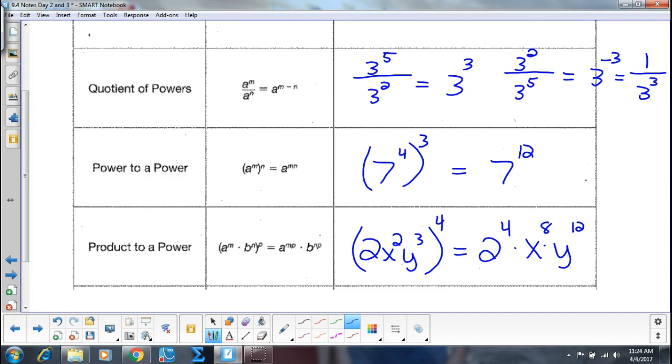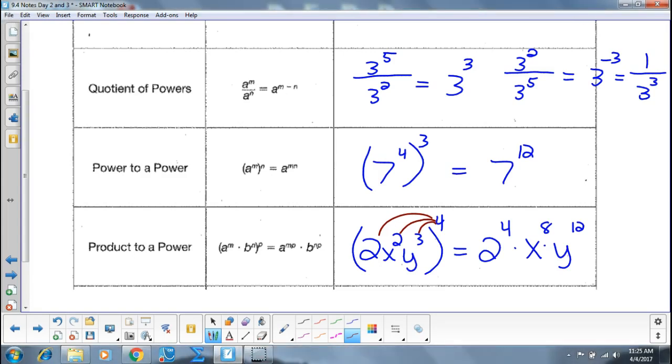It goes in to the 2, it goes into the x, and it goes into the y, but only in the exponent. Okay? Again, you've seen these before. This should just be a refresher. Okay?